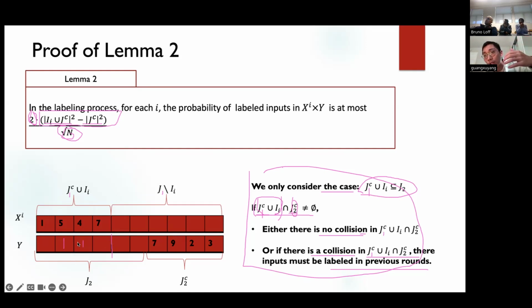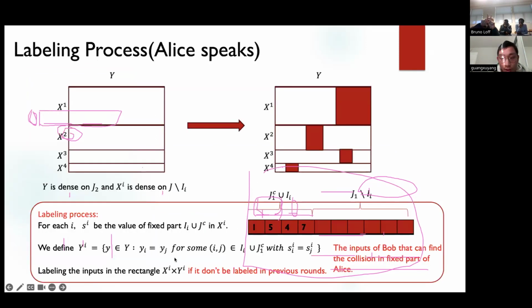I'm just wondering why, because can you go to the previous slide? I think then they were fixed, right? Even if you had some collision only in the J's, then I can see that.